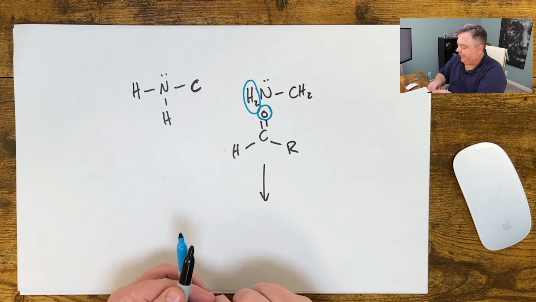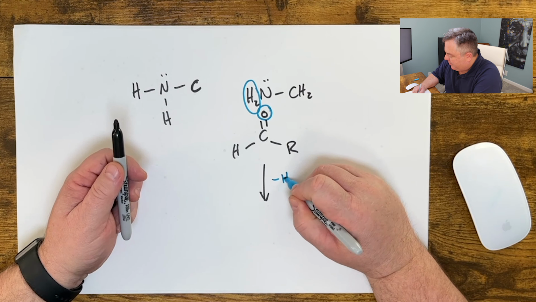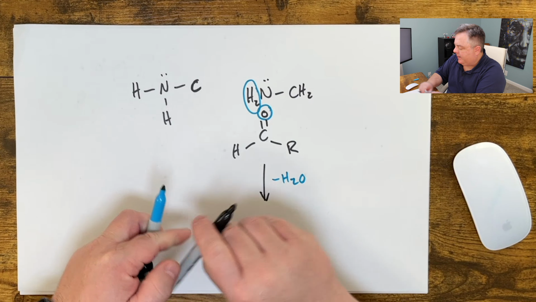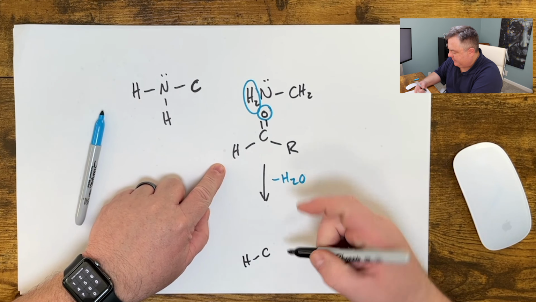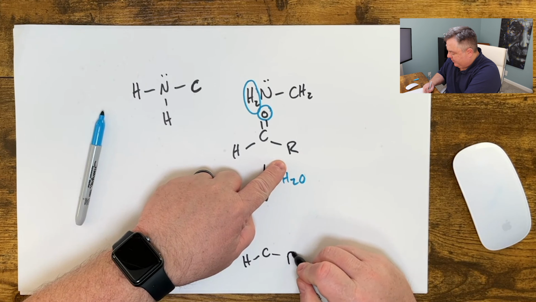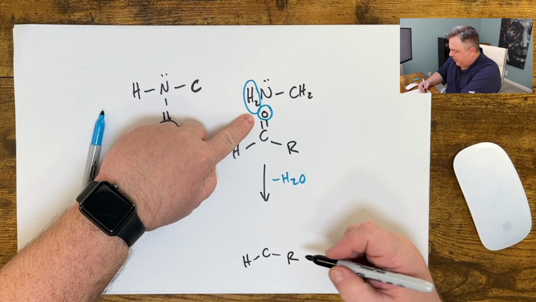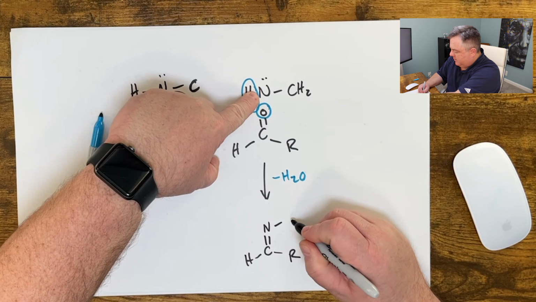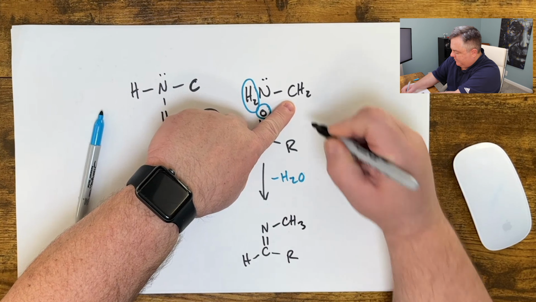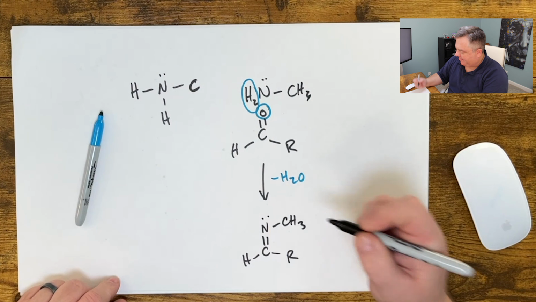Condensation reaction. And if I lose a water molecule, now I have my carbon with a hydrogen. This is an aldehyde with an R. I lose the water, so on this double bond, now I have this nitrogen, and my methyl is still there, CH3.